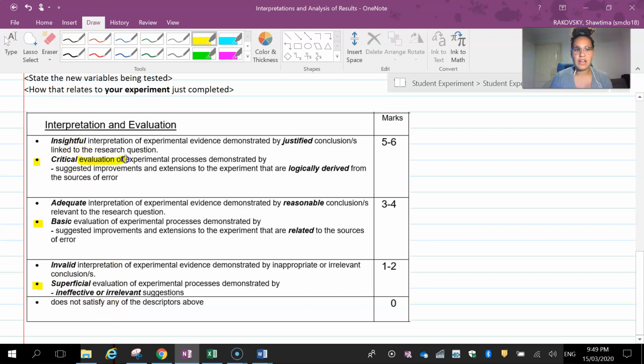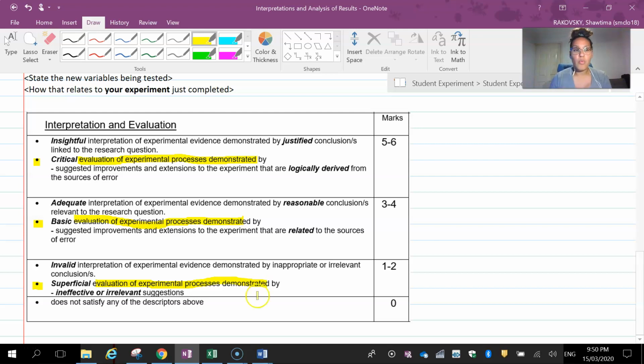Evaluation, so that's to find the value of something. So you're weighing up its pros and cons, and then making a decision based on that. That's what it means to find the value. Evaluate means to find the pros and cons to determine the value of something. So is it worth going on, that's what we're looking at here.